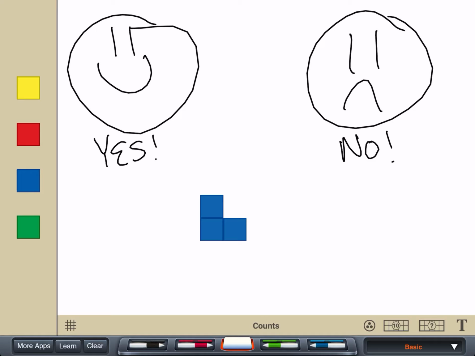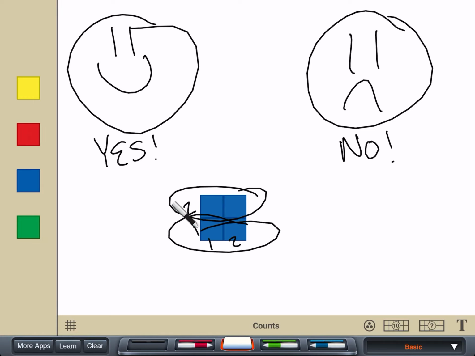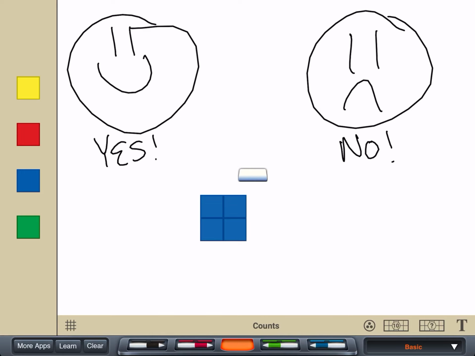This is not a perfect square. In order for this to be a perfect square, it would have to be two sets of two. So we would have to add one. If we add one, then we have 1, 2, 1, 2, or two sets of two. Nice job, guys. All right, we are going to do one more.